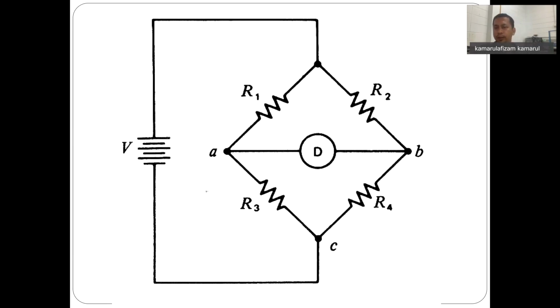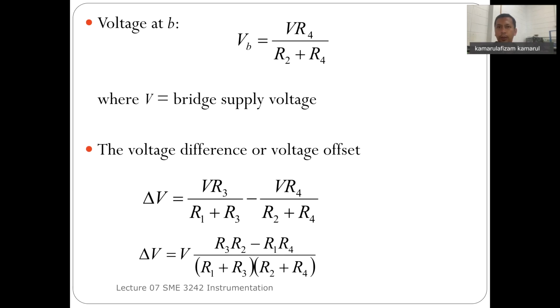Now, if we shift to VB, the voltage potential at point B, you are looking at the voltage drop at R4. So the formula goes: V multiplied by R4 over R4 plus R2. This is just the voltage divider concept, and you have VB, where V is the system supply.